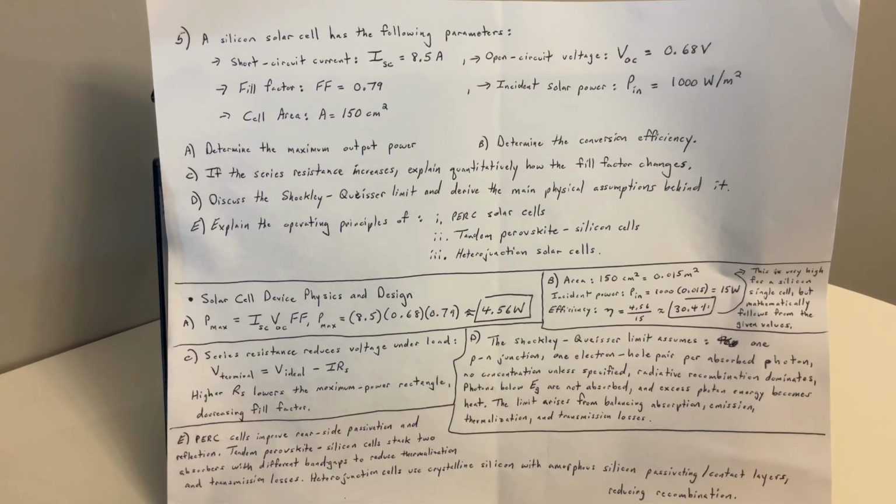Letter B, determine the conversion efficiency. For our area, we're going to change 150 cm squared into meters, so 0.015 m squared. Incident power P sub IN equals 1000 times 0.015, which gives you 15 W. Our efficiency is 4.56 over 15, that's 30.4%.